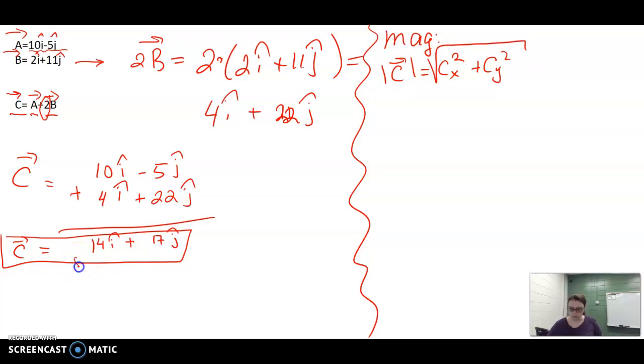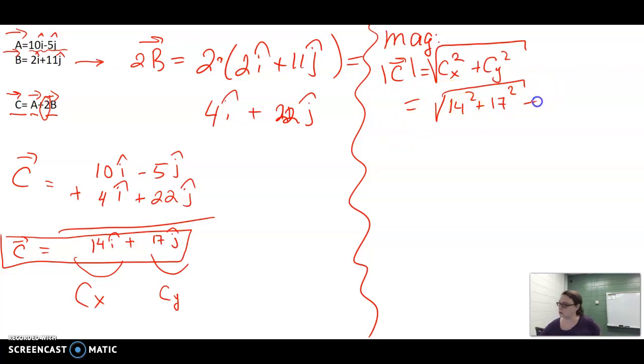Now remember that this part with an i is my Cx and this with the j is my Cy. So calculating this, I'm plugging in my 14 squared plus 17 squared, which happens to be 22 units. Okay, so the magnitude of vector C is going to be 22 units.